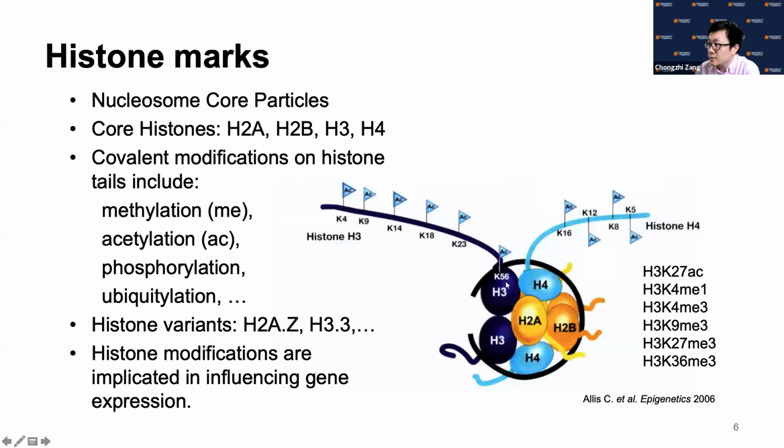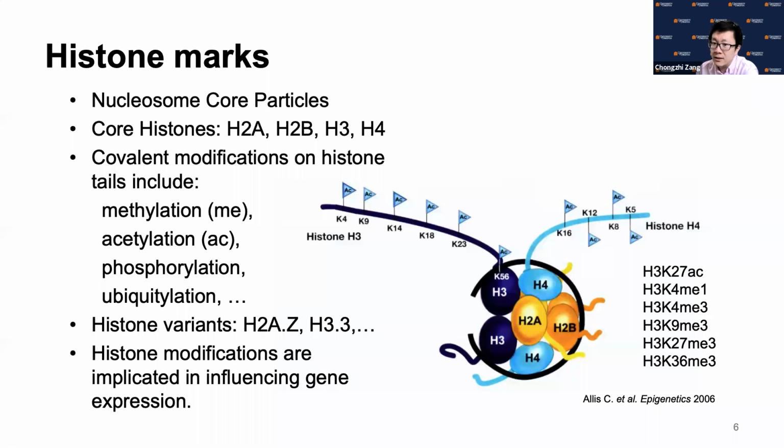On the tails of the histone molecules, some of the amino acids can be subject to different types of covalent chemical modifications. Such modifications include methylations, acetylations, phosphorylations, ubiquitinations, and so on, and many other types.